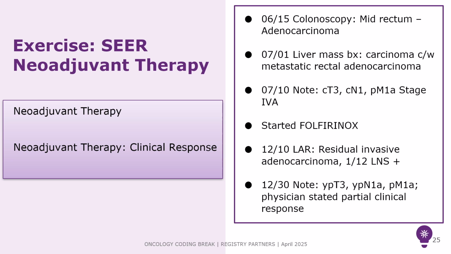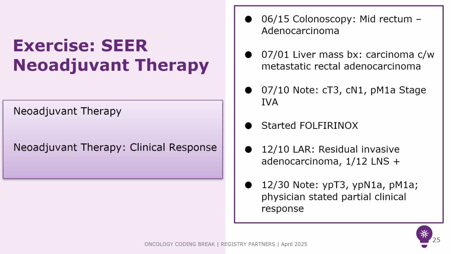Let's walk through an exercise using both fields. On 6/15, we have a colonoscopy with mid-rectum adenocarcinoma. On 7/1, there was a liver mass biopsy, carcinoma consistent with metastatic rectal adenocarcinoma.